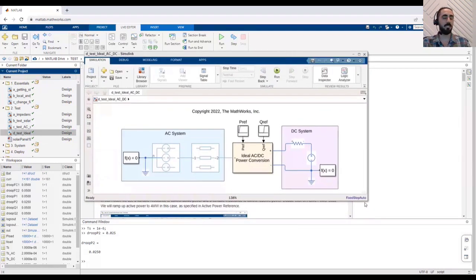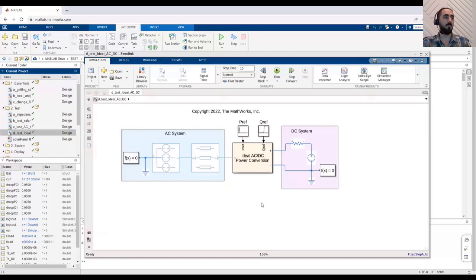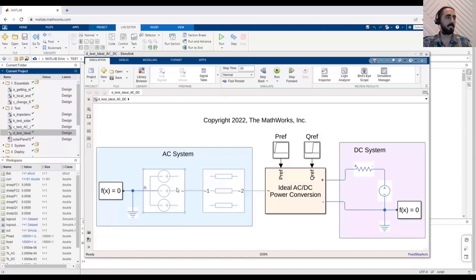I'm gonna open up model D, which has a simplified test harness: an ideal three-phase AC system, source and sink voltage. On the DC side, we have source and sink, an ideal DC source, and it's going to be a bi-directional system.